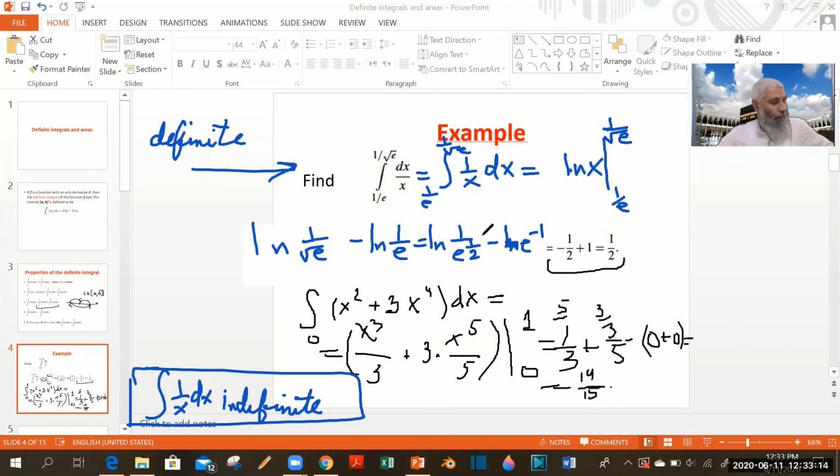We can do it by calculator if you have. Ln of 1 over root e, where is e? Here, this is e.